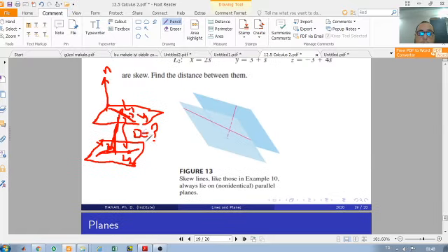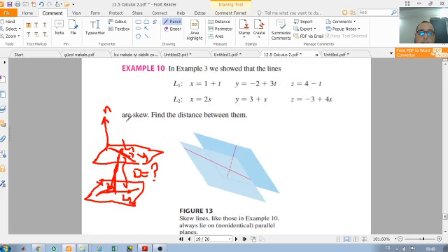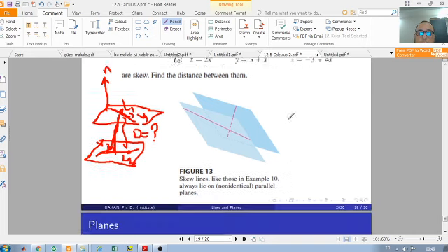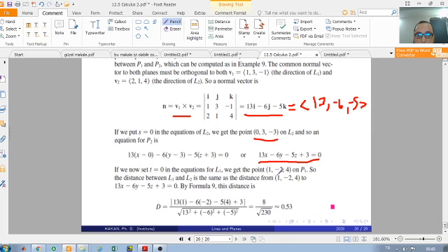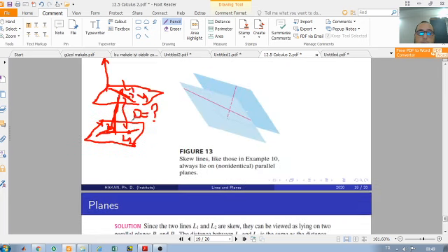Okay, so we can find easily a point in the first plane by using the parametric equations of the line L1. Writing 0 for t, similarly we get 1, minus 2, 4, this one. So the distance between the lines is the same as the distance from the point to the plane.